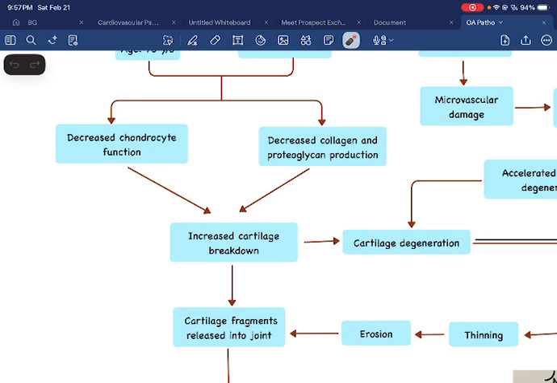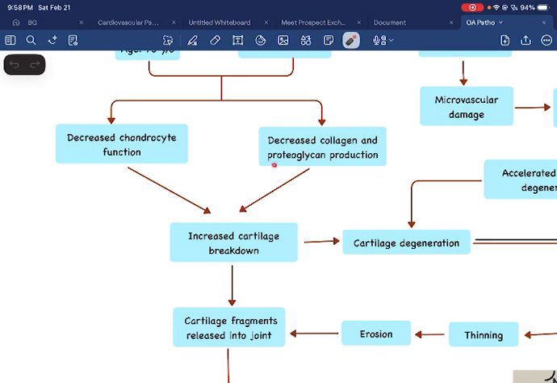Chondrocytes are cells that help in the production of cartilage. Cartilage is important to connect bone and bone together. Inside cartilage we also have proteoglycan and collagen. Proteoglycan helps to keep the cartilage soft and hydrated.